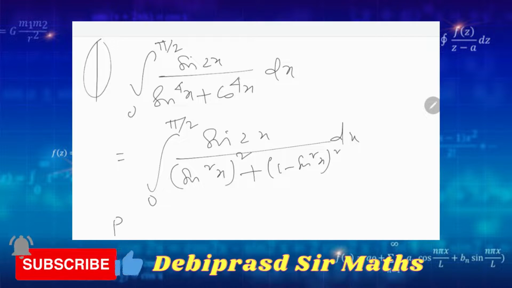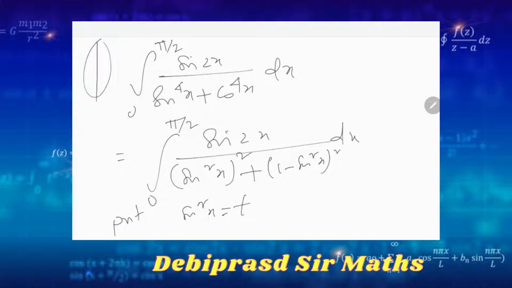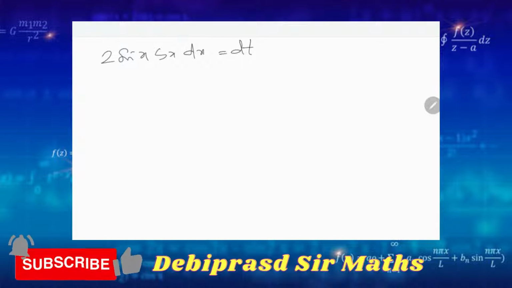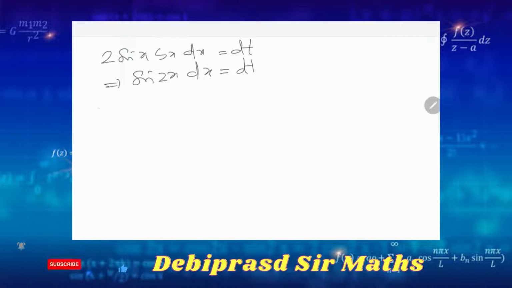Then put sine square x is equal to t. So differentiating both sides, 2 sine x cos x dx is equal to dt. That means sine 2x dx is equal to dt.